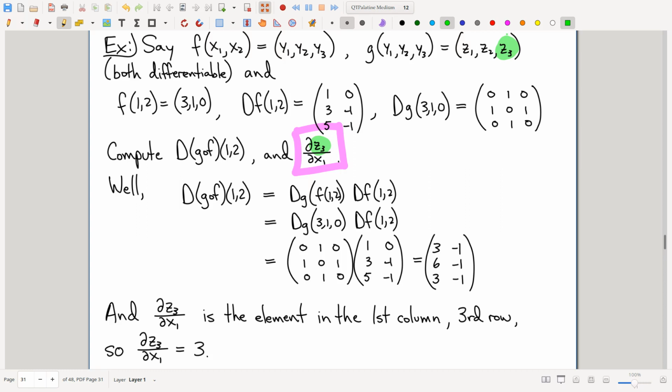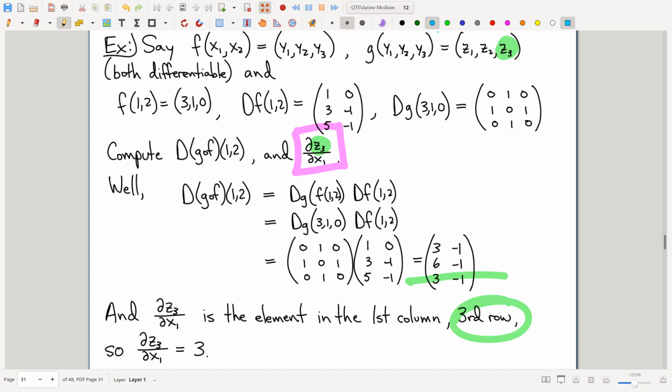Now, recall, if you think about the structure of a derivative matrix, very rigid, very particular, output variables correspond to rows. So if we're looking at a partial of the third output variable, we need to look in the third row. And so I'm going to be looking for one of these two numbers right here, and which one we'll figure out momentarily. But it's definitely going to be a number in the third row.